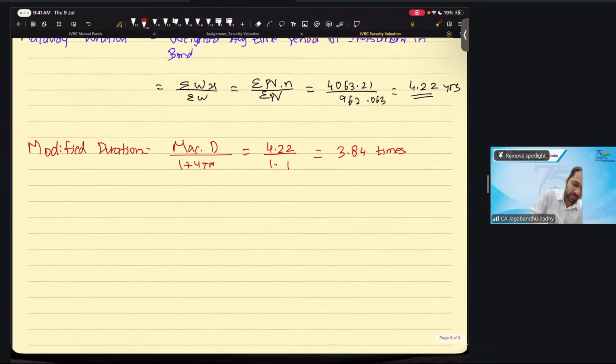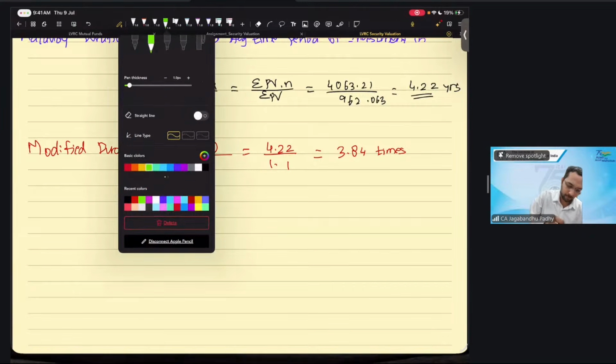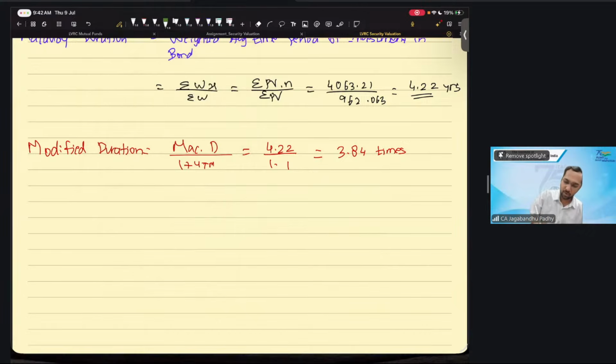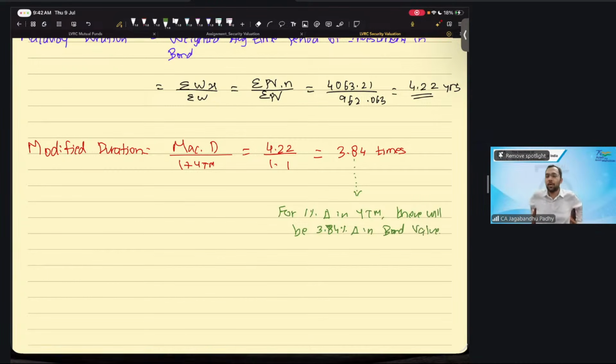What does this really signify? What is this term signifying? This simply means for 1% change in YTM, there will be 3.84% change in the bond value.